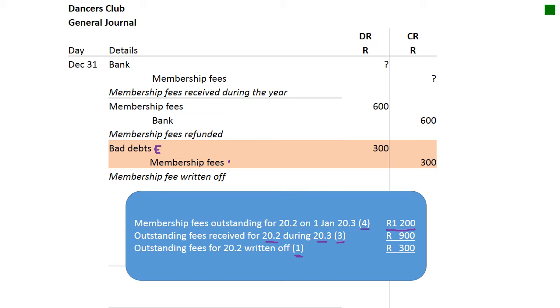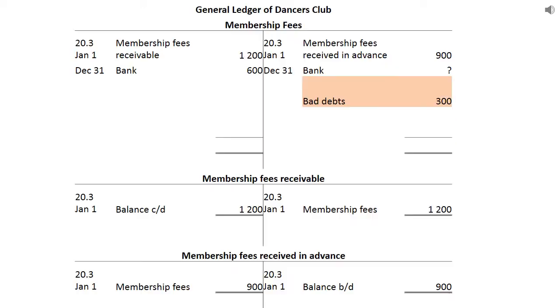or credit losses. So if you now look at the membership fees account, we have 300 Rand on the credit side. This 300 Rand is basically a reduction of this 1,200. That 1,200, 900 of it is going to be in our bank account amount because we actually received payments from 3 members during the year.